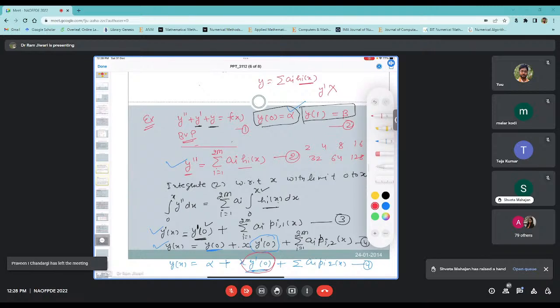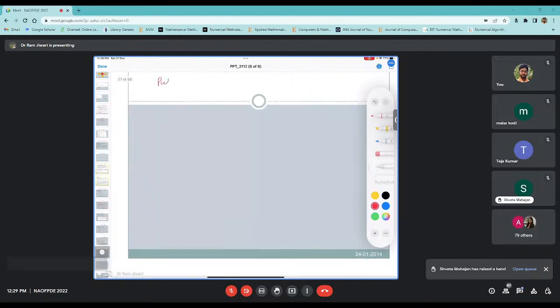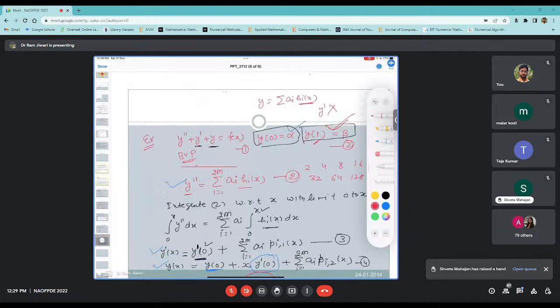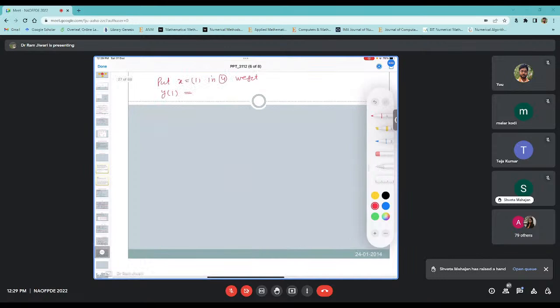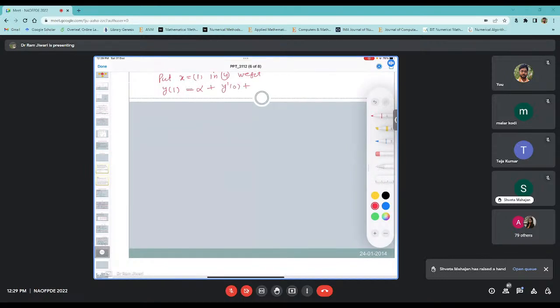So how to compute this unknown? By using the second boundary condition. I will use x equal to 1 in equation 4. Putting x equal to 1 in 4, we get y of 1 equal to alpha plus y dash of 0 plus the summation i running from 1 to n of a_i p_i2 of 1.